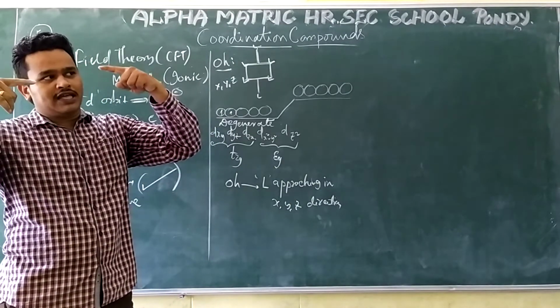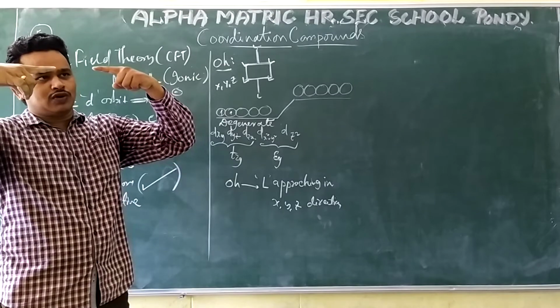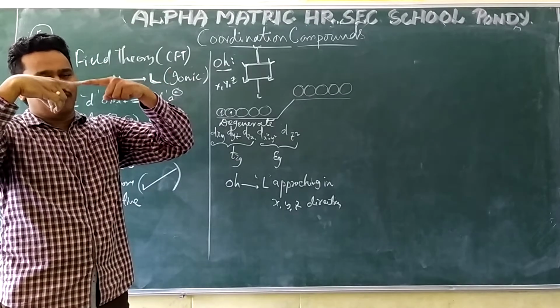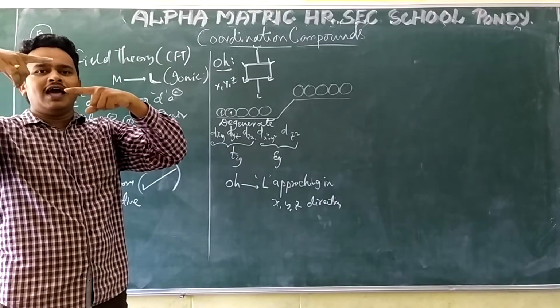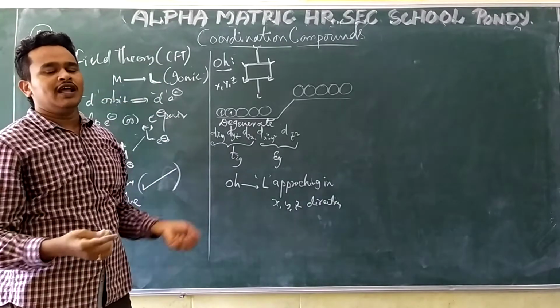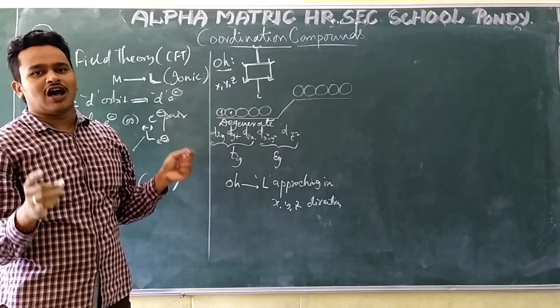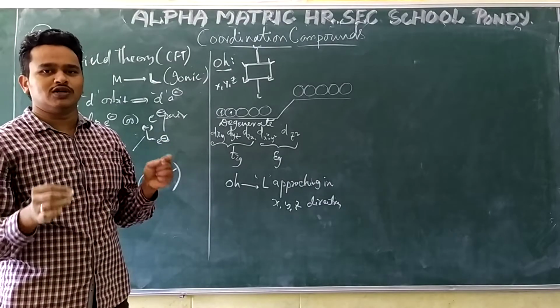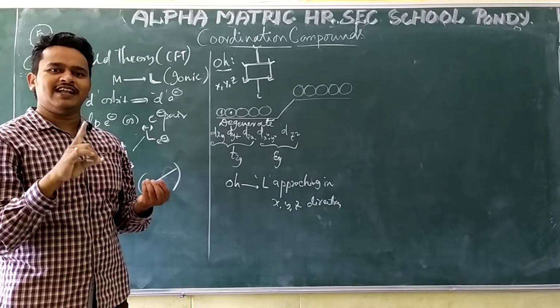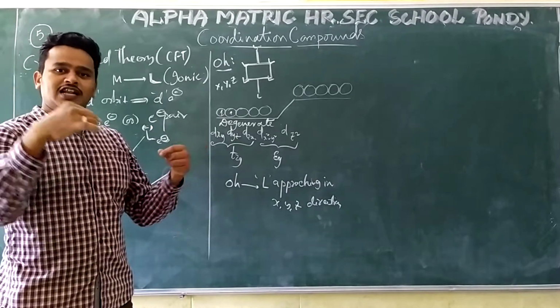If these 2 are going very straight toward each other, there will be more repulsion. If it is going like this, there will be less repulsion. In octahedral, ligands are approaching towards the metal in x, y and z directions.